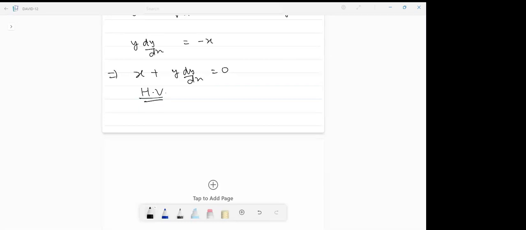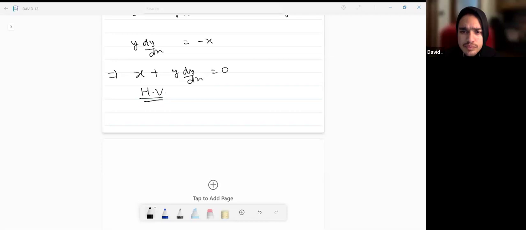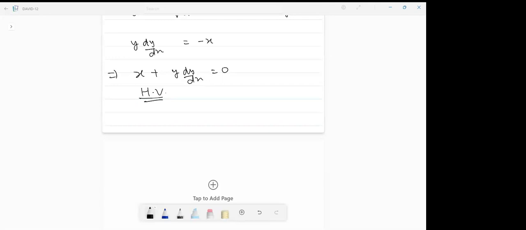Particular solution, irrespective of order, does not have any arbitrary constant, because we replace the arbitrary constant C by some constant. So there is no arbitrary constant in a particular solution. Got it? Yes, sir.